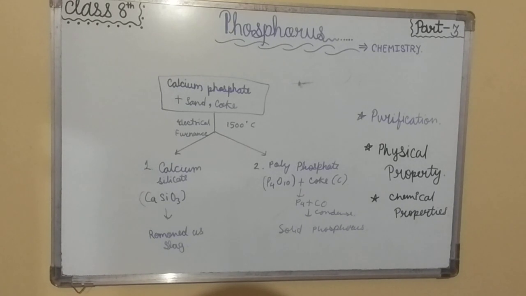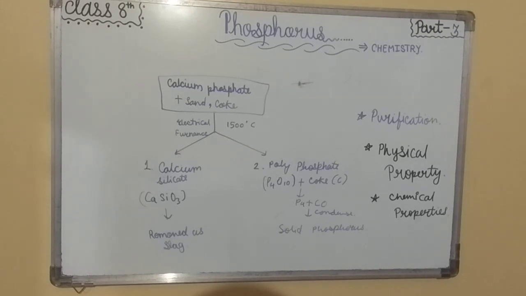4P plus 5O2 gives 2P2O5. If phosphorus is exposed to air in darkness, it glows because of slow combustion. This is called phosphorescence. This is the reason we observe flashes in the graveyard during nights.